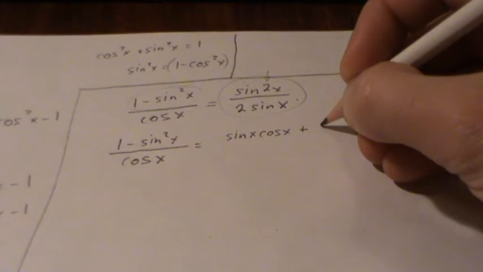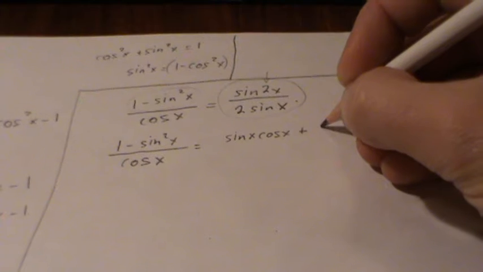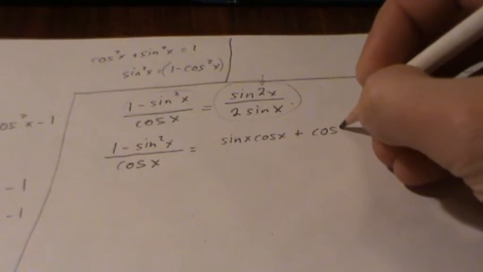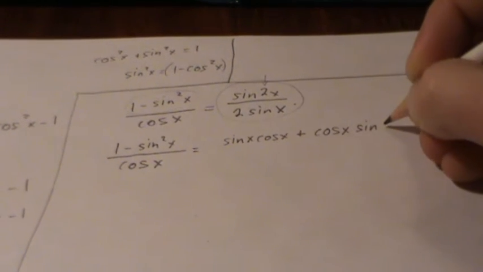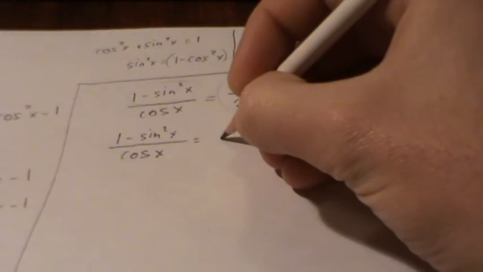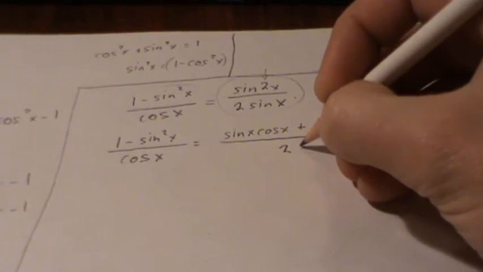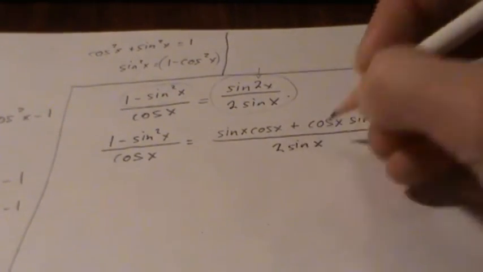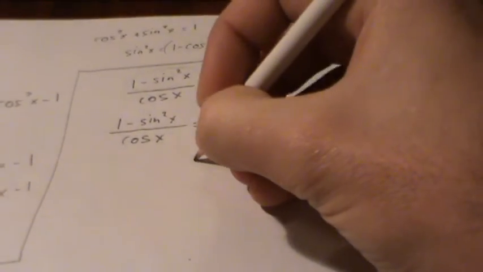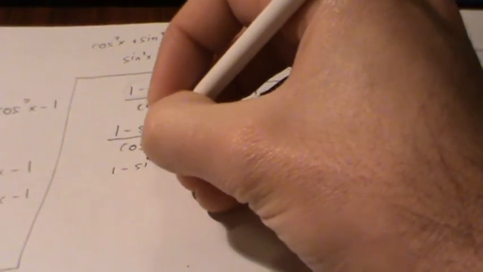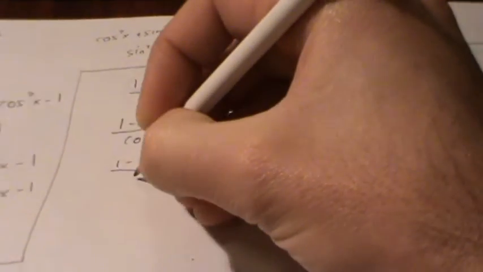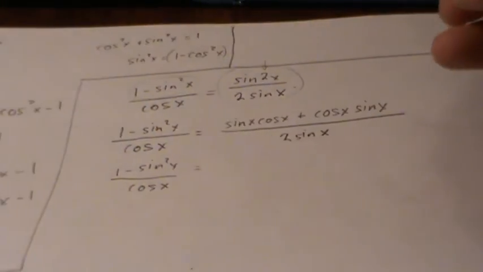plus cosine x sine x, into, and then I've got 2 sine x here. 1 minus sine squared x over cosine x.